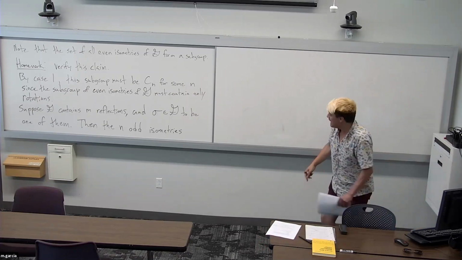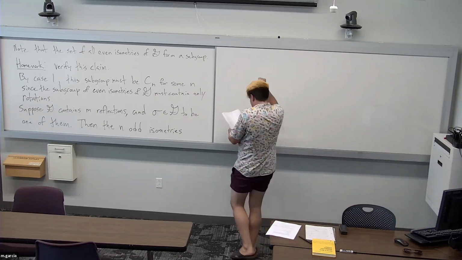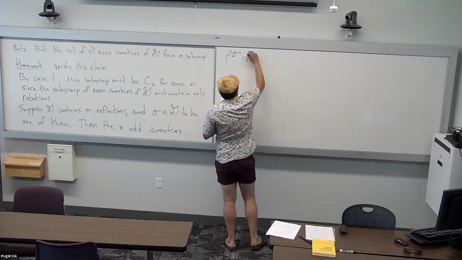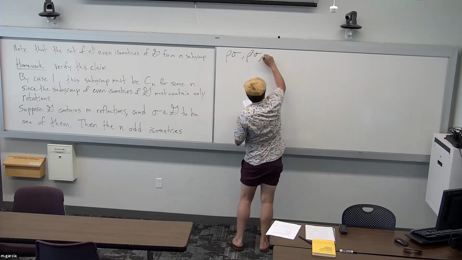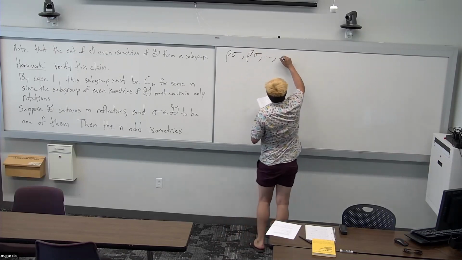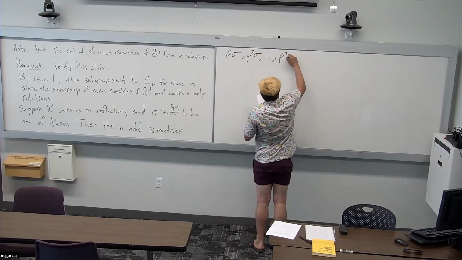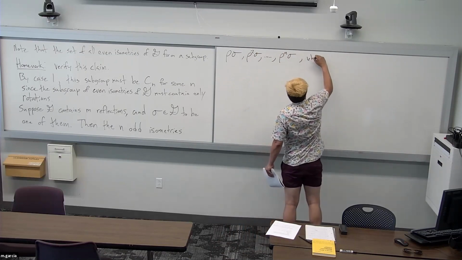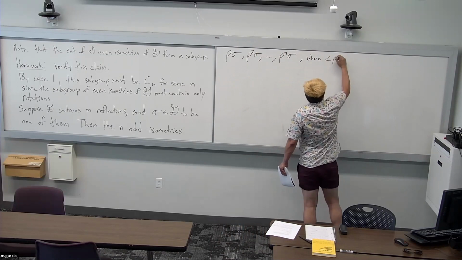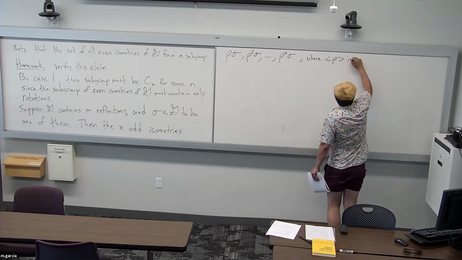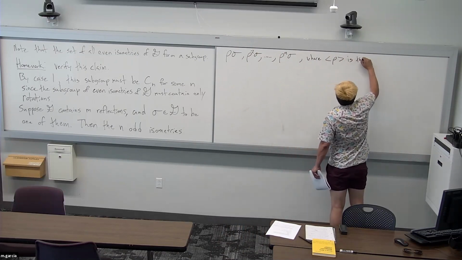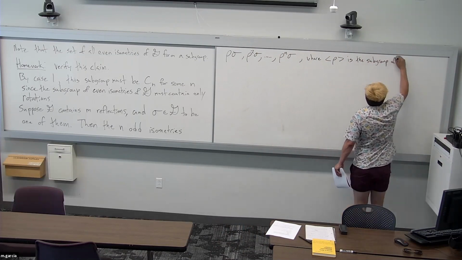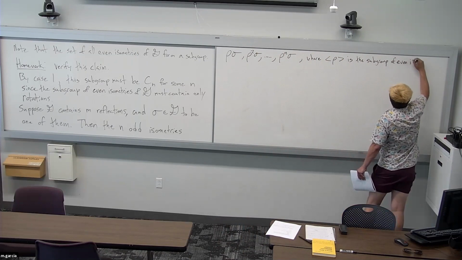The n odd isometries, rho sigma, rho squared sigma, rho to the n sigma, where of course rho generates the subgroup of even isometries.